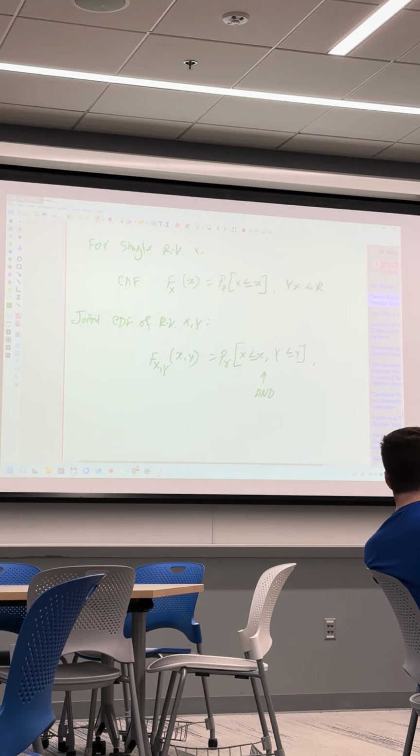And this is for all x taking values from the entire real line.